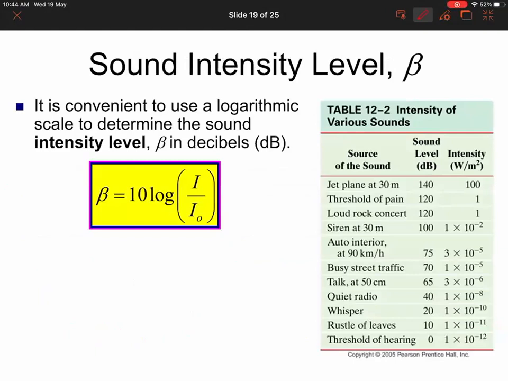Right, so logarithmic scale of expressing intensity level, we use the symbol beta to indicate intensity level, as opposed to intensity I. So the intensity level beta, measured in units of decibels, is equal to 10 log of the intensity over the intensity I0.